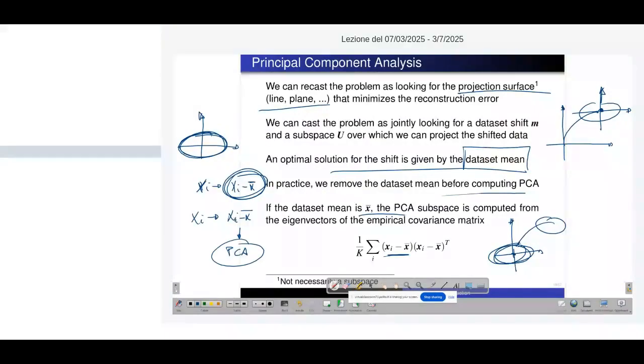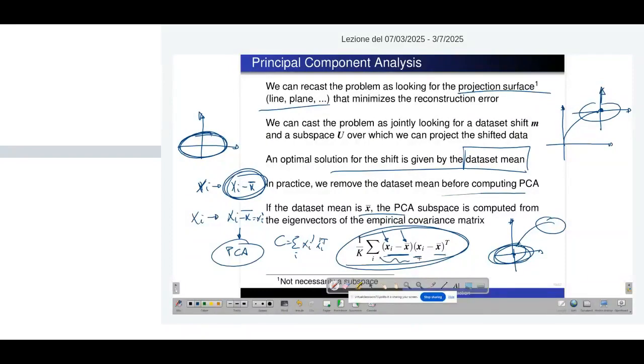Let's call this X prime. If I compute the matrix C over the samples X prime, I can express C in terms of the original dataset samples as the sum of each xi minus the mean of the dataset, times the same vector minus the mean of the dataset, transposed.